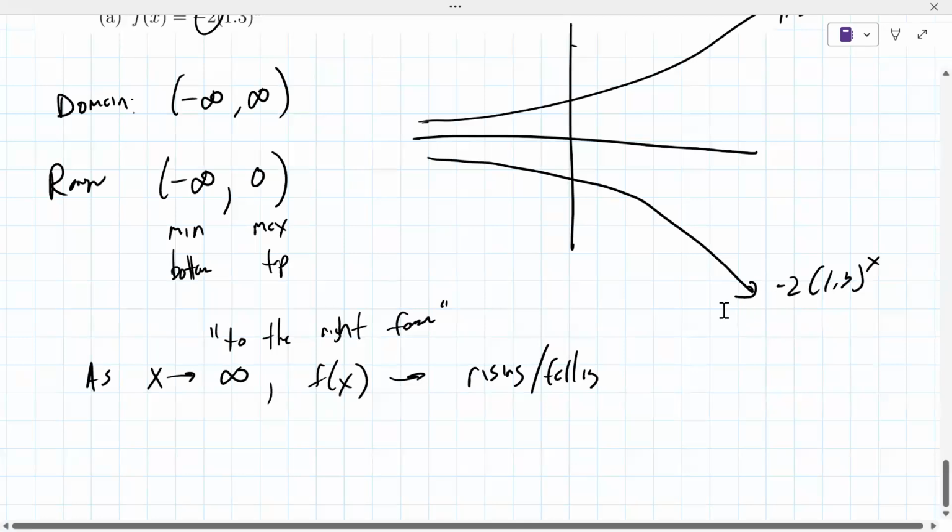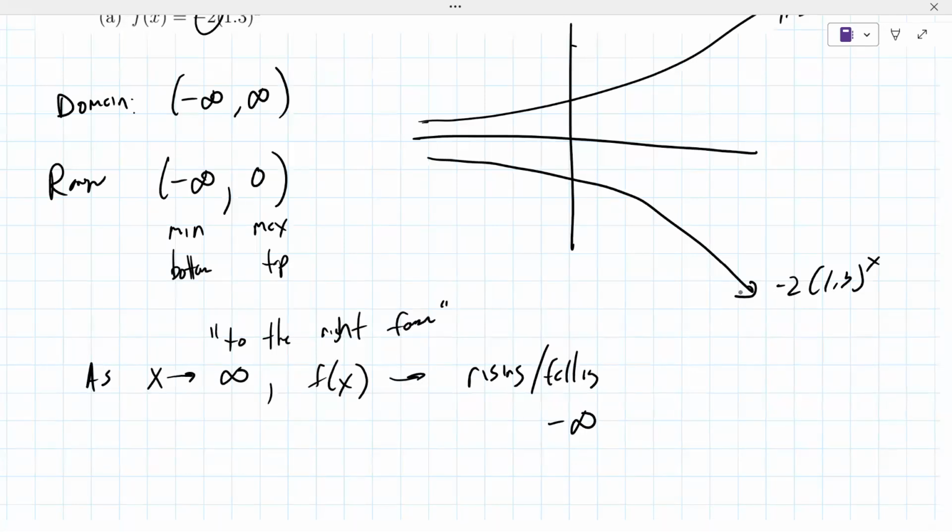It is falling. So that's -infinity. Rising is infinity, so you have to choose the right one. I like those words. I think they're more meaningful than just down or up. I've transitioned over the years to different words that mean more to students, and mean more to me.